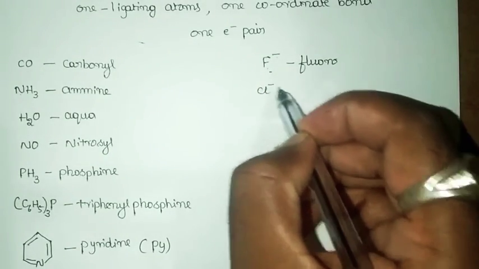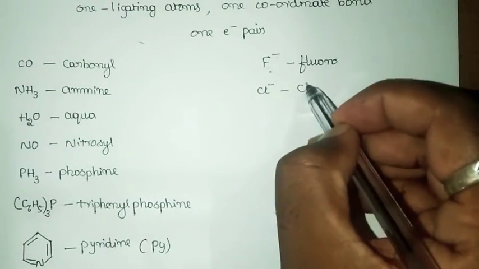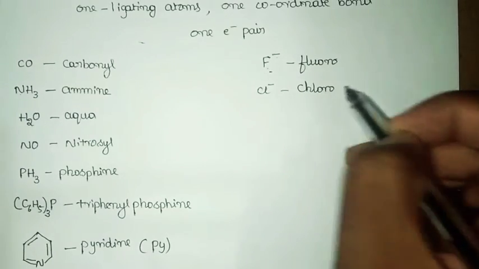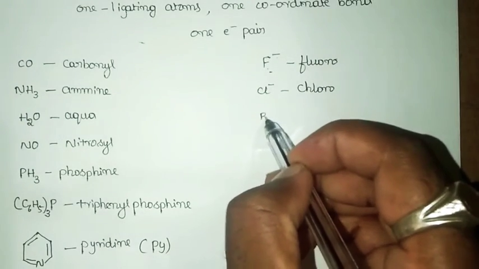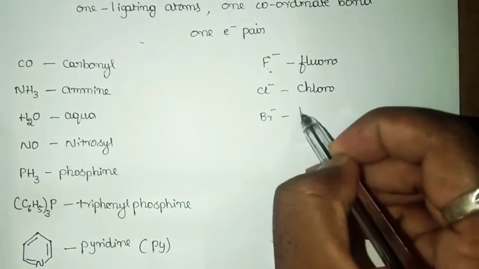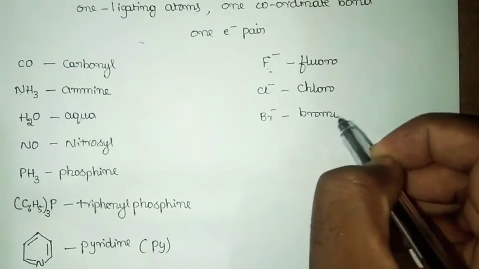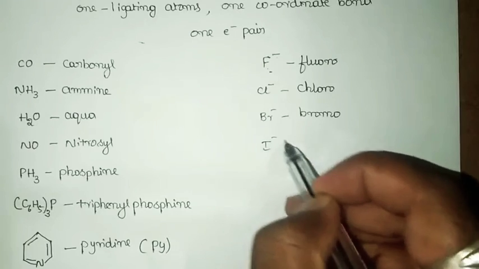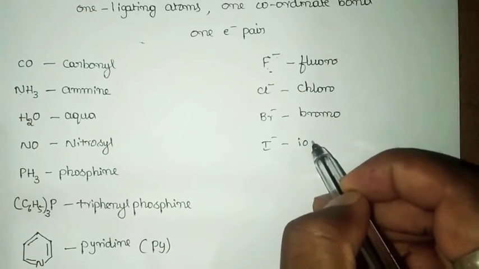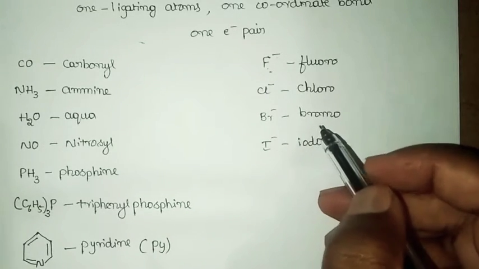If it is Cl minus, we call it chloro. If it is Br minus, then it is bromo. If it is I minus, we call it iodo.